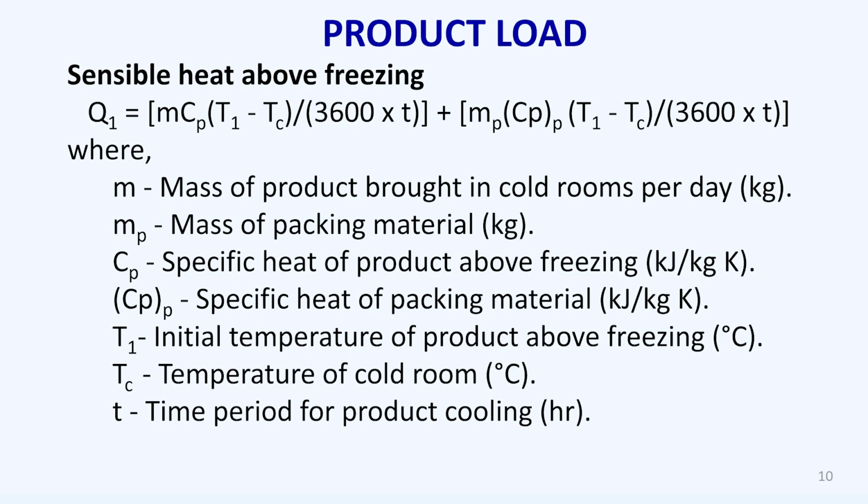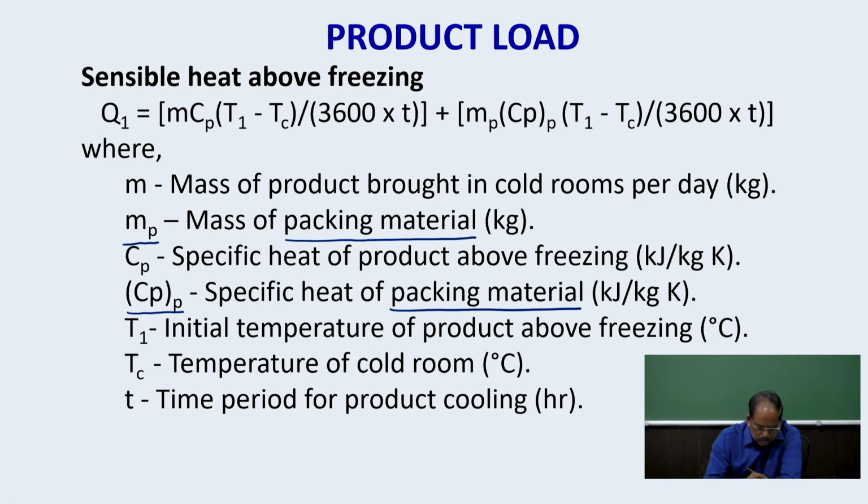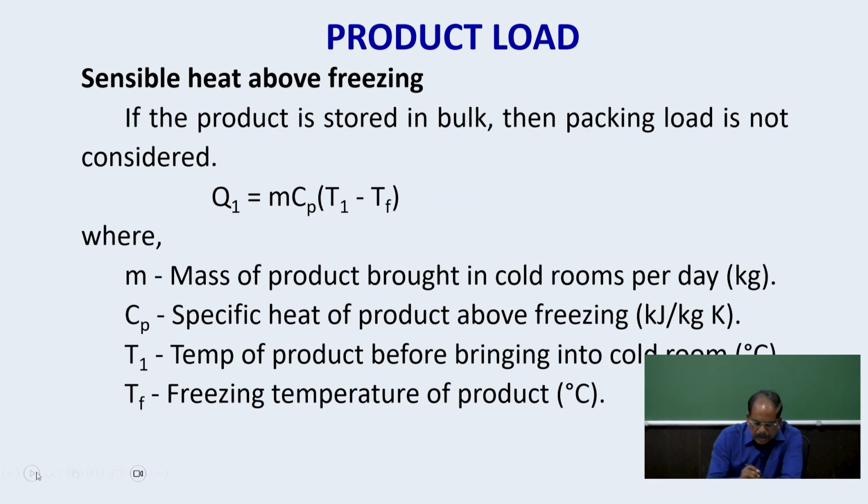Using this formula, we can calculate the sensible heat above freezing, which is one of the components of the product load. If the product is stored in bulk, then the heat load due to the packaging material is not considered.